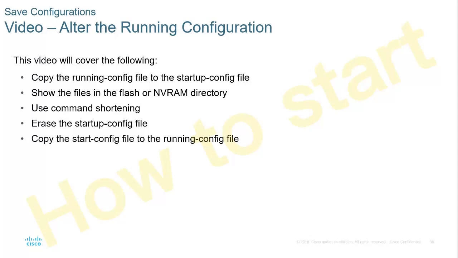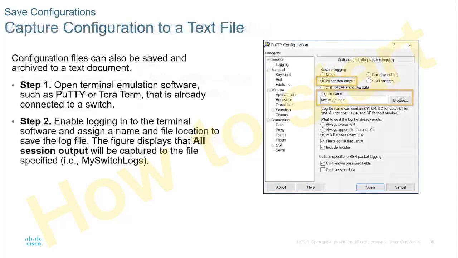Again, there is a video which we're not going to be covering. So again, how do we actually save our output? If we're using PuTTY, you can log all of the information in the terminal session. You can actually go through and copy and paste it into a text document.